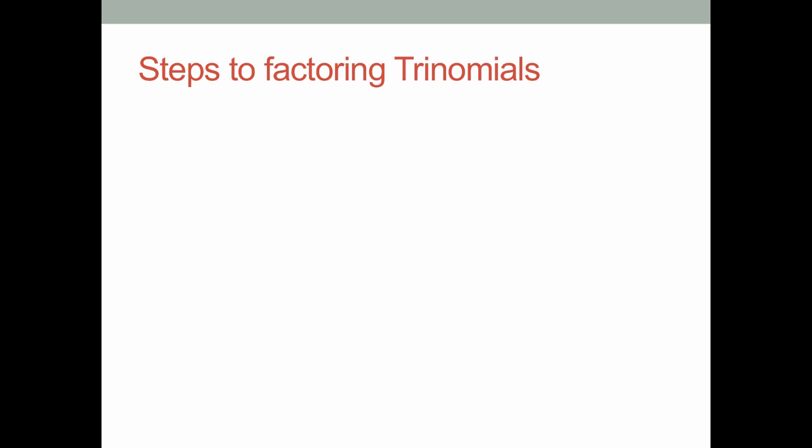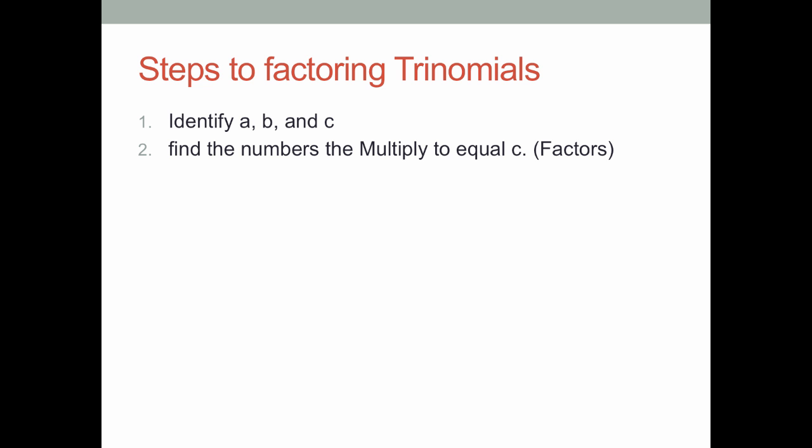So how do we factor trinomials? First off, we need to find out what a, b, and c are. In this case, a is going to be 1. But then we find the numbers that are going to multiply to c. So we look at c and we try to find the factors of c.